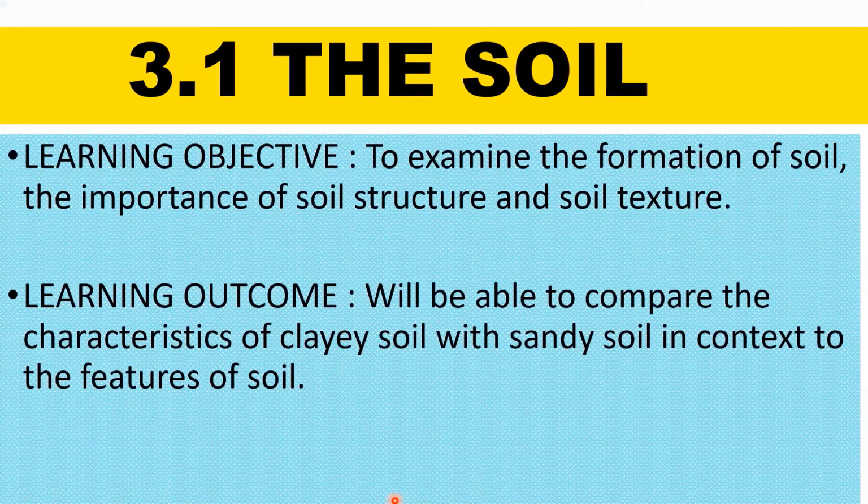The learning objective is to examine the formation of soil, the importance of soil structure and soil texture. A learning outcome: by the end of the lesson, the learners will be able to compare the characteristics of clay soil with sandy soil in context to the features of soil.